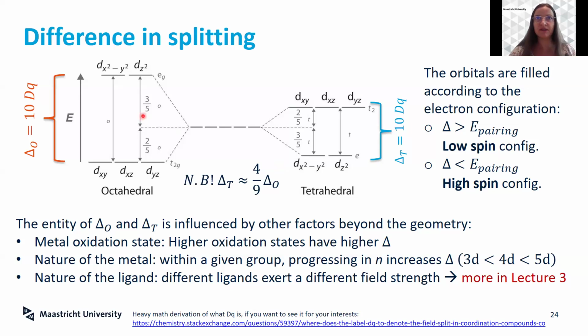So this split is always going to be bigger. How much bigger? The tetrahedral crystal field, so this delta T, is always 4/9 of the delta O. It's always smaller. This is something that we need to take into account when we need to know how to fill the orbitals.